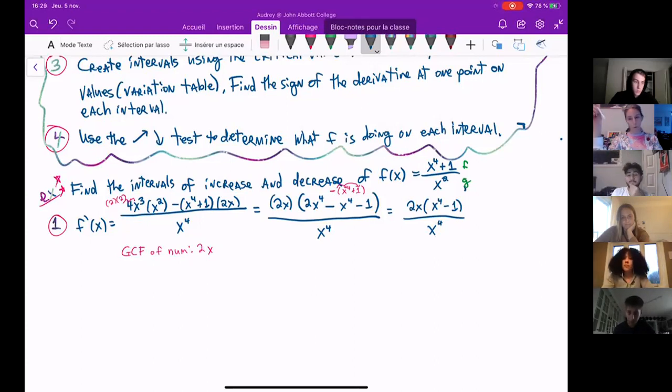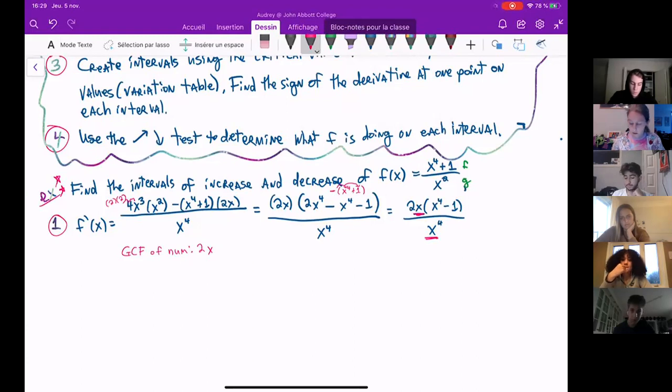Right now, though, can I simplify this anymore? You sure? Do I have a factor of x on top there? I have this factor of x on top and this factor of x on the bottom. The 2 after. What was that, Ellie?